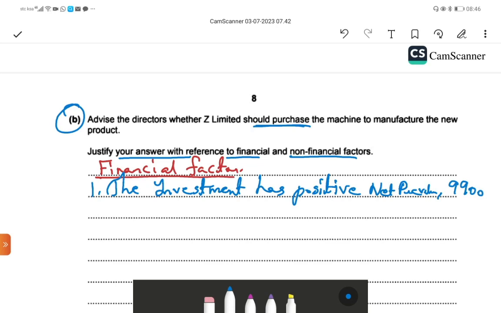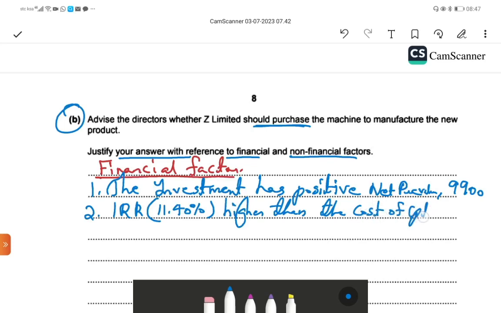9,900. Then the payback period, internal rate of return and ARR. The IRR, the internal rate of return, is 11.40%, higher than the cost of capital of 10%. They will get more IRR than the cost of capital.